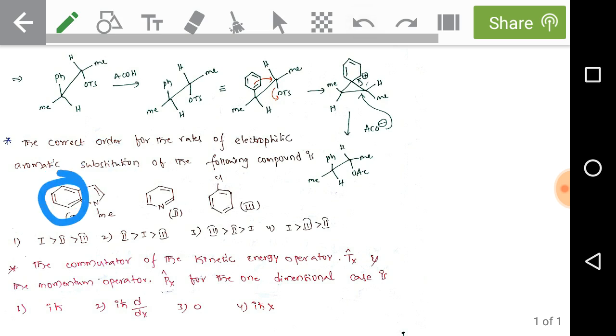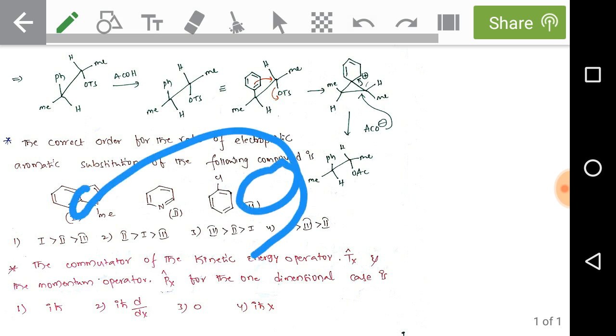Whenever electron density increases on the benzene ring, the rate of electrophilic aromatic substitution is more. That's why the first compound has the greater rate. So what is the order now? 1 is greater than the third one, and the third is greater than the second one.